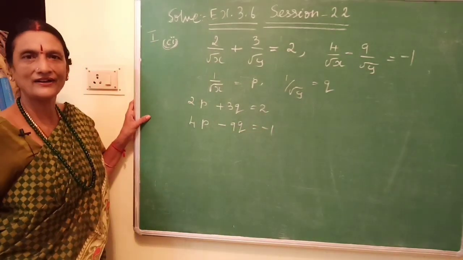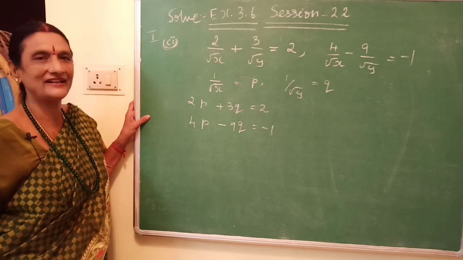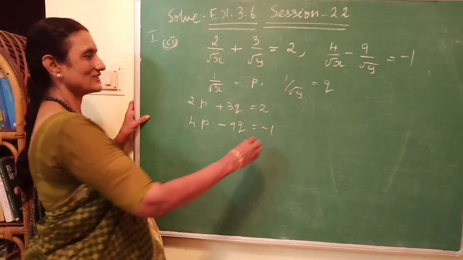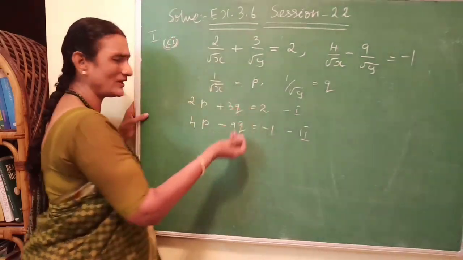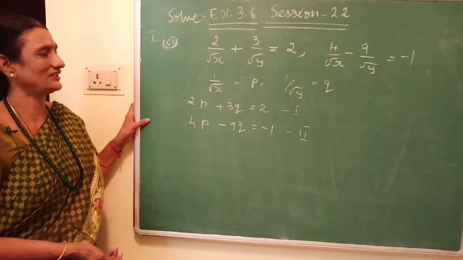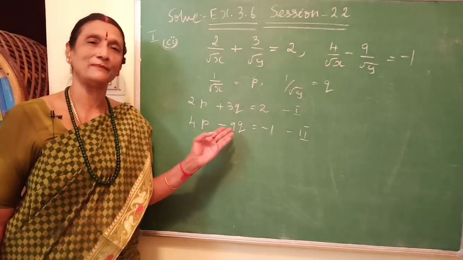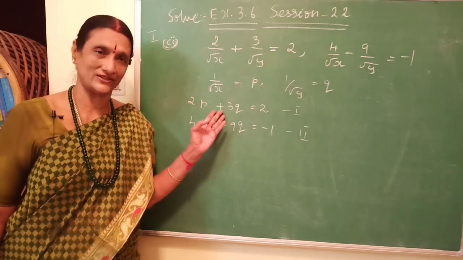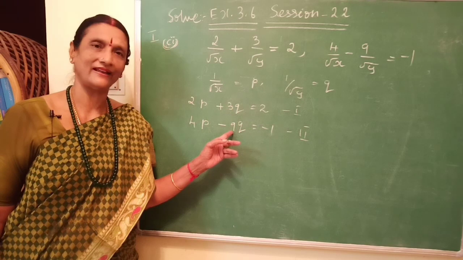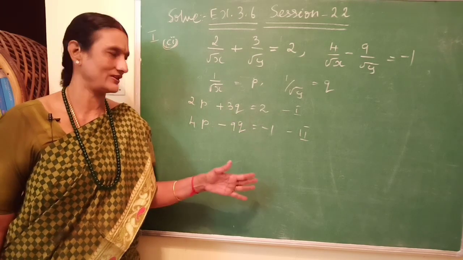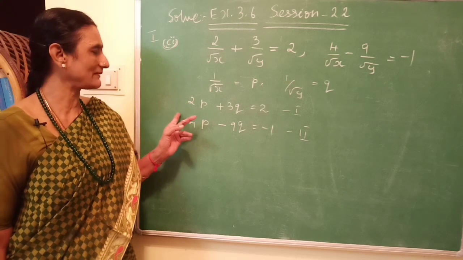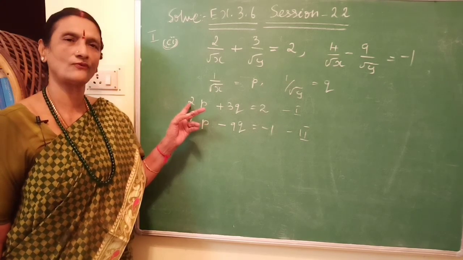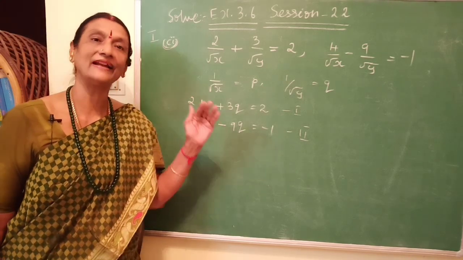This can be easily done by the elimination method. So we will have this as equation 1, equation 2. Just by looking at the equations, we can easily conclude: either you multiply the first equation by 3, so the 9q terms get cancelled with simple addition, or you multiply the first equation by 2, and on subtraction the 4p and 4p both get cancelled.